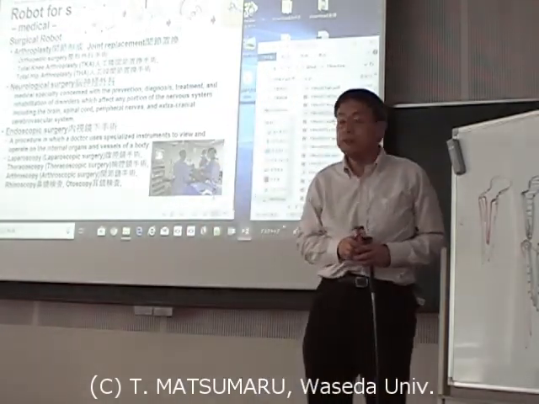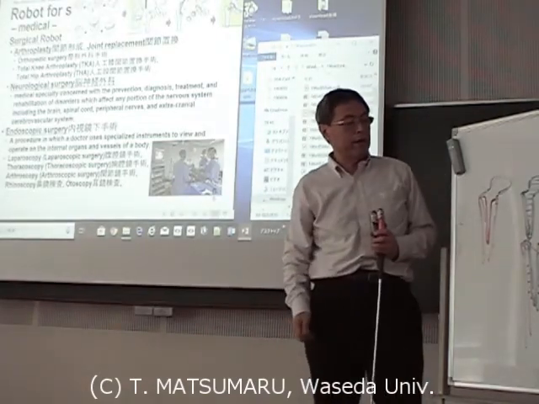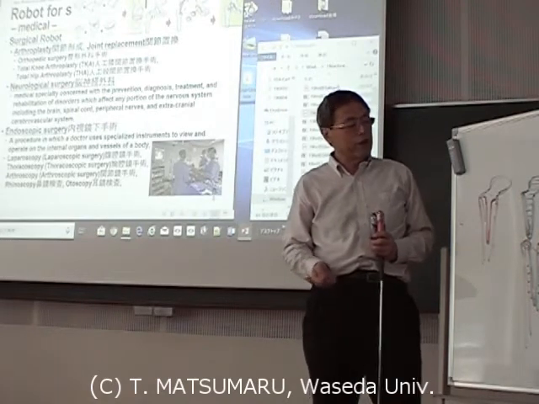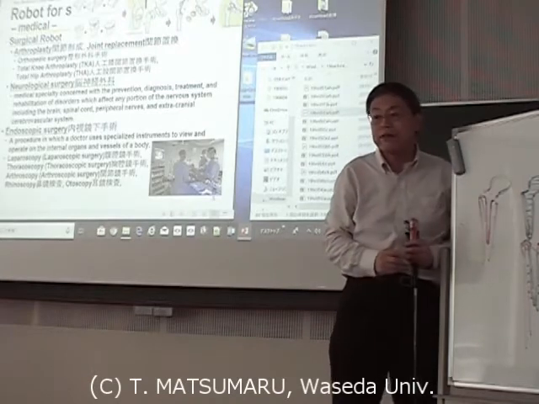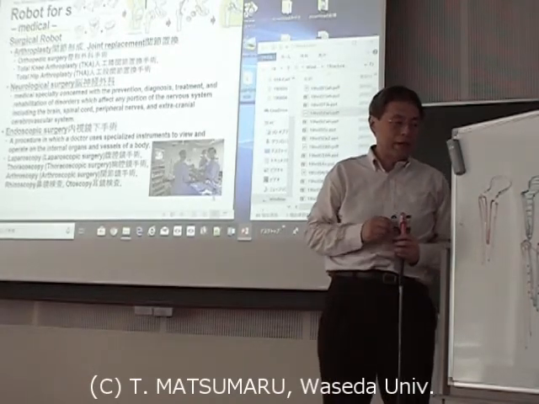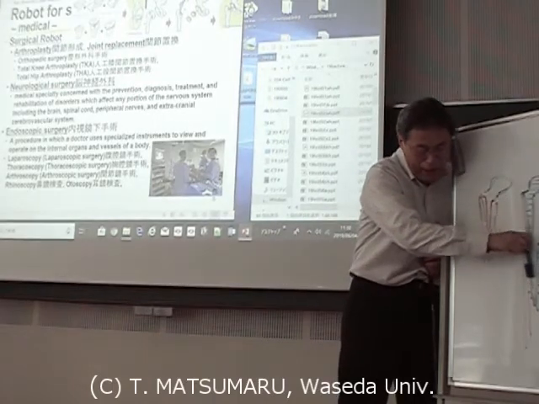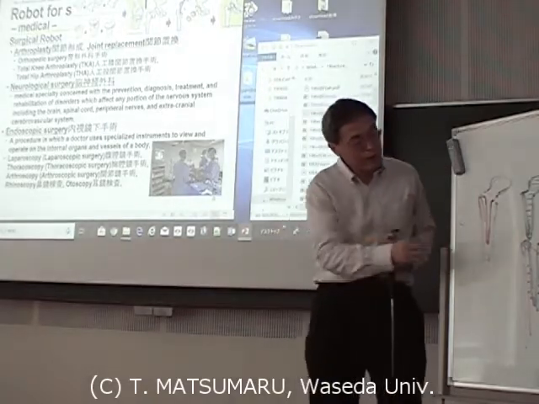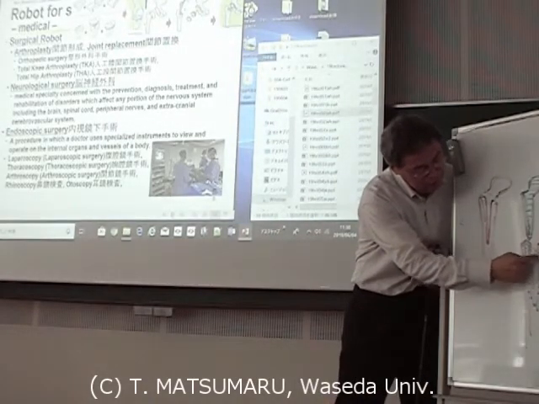But before using the robot arm, this kind of work is done by the doctor himself. So therefore, by using some cutter, this bone is cut. And also by using some tools, it makes some holes by hand. So therefore, it is not a good enough shape.